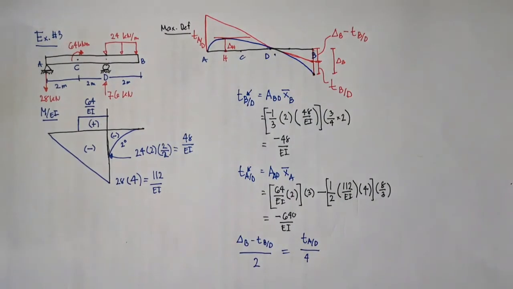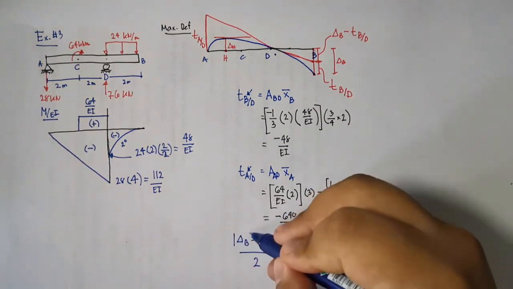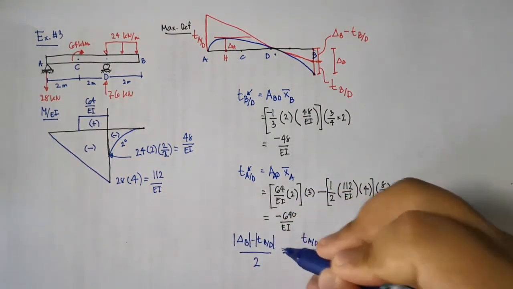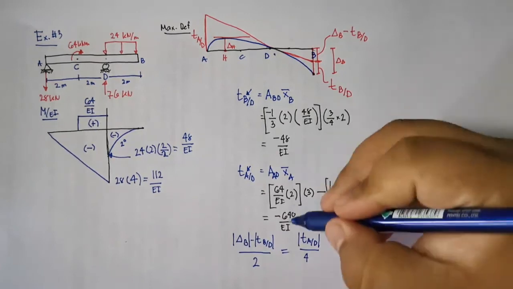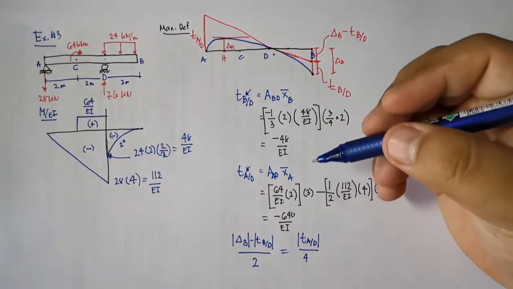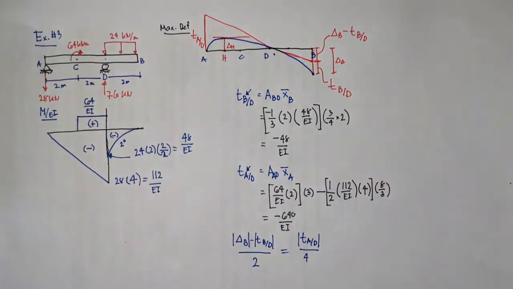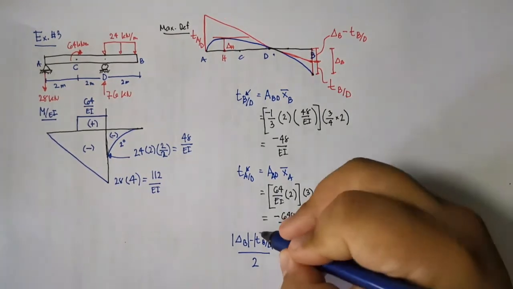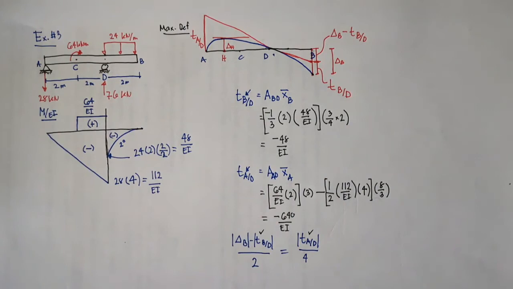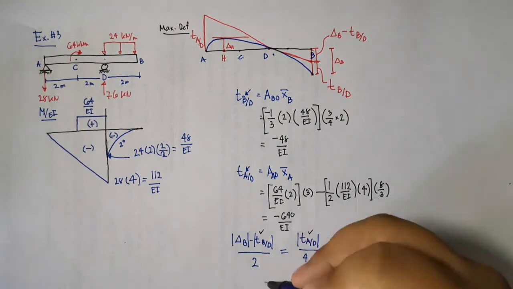Now, as we discussed earlier, for geometric relationships, you have to take only the absolute values. That is important because TA with respect to D has negative signs. So, these are distances. We already have TA with respect to D and TB with respect to D, so the only unknown is delta B. We can solve that right away.